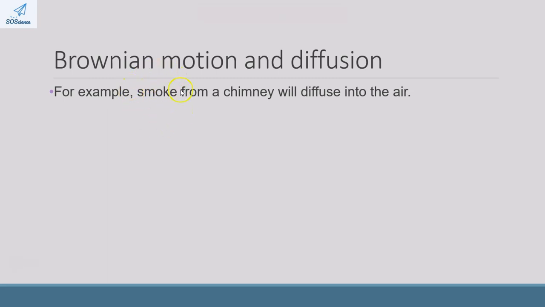This means where the smoke is being released, it is at high concentration, and the smoke is at low concentration in the surrounding air. So the smoke will move from an area of high concentration into the air, which is an area of low concentration of smoke, until evenly distributed. So essentially what that means is that pollution gets evenly distributed in the surrounding air with time.